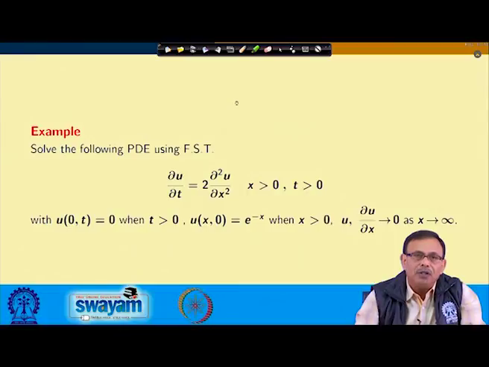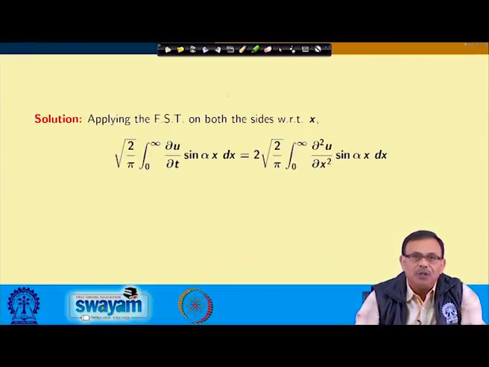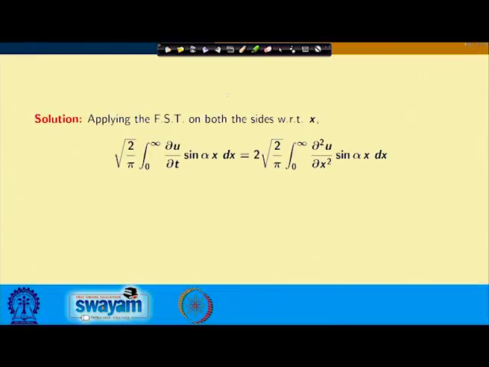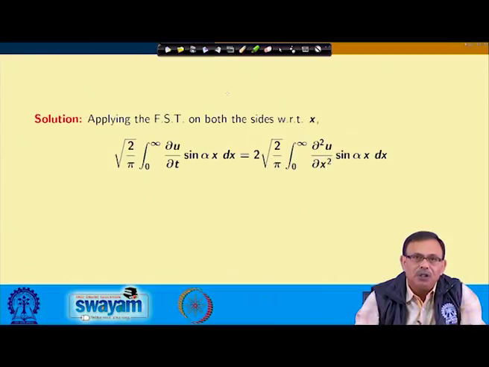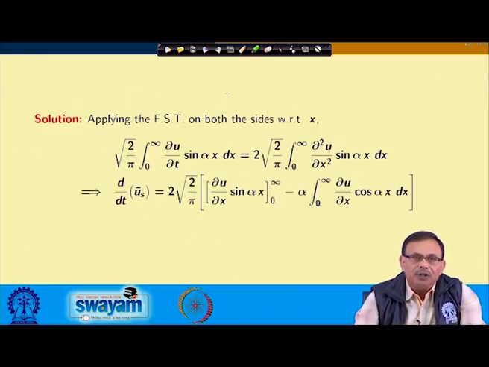So, the problem was this: I am using Fourier sine transform on both sides with respect to x. Once I use the Fourier sine transform with respect to x, I will obtain this value. So, d dt of u bar s is equal to 2 into root over 2 by pi into sin alpha x from 0 to infinity minus alpha integral from 0 to infinity of del u del x into cos of alpha x dx.